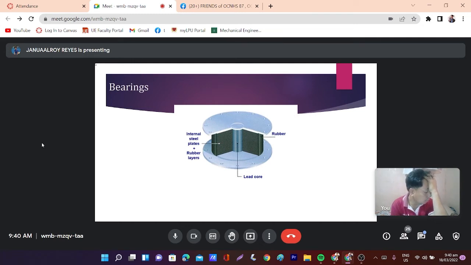It is applied to building or bridge construction. It is a practical and cost-effective choice for seismic isolation. It is composed of laminated rubber bearing pads on top and bottom, sealing and connecting plates, and a lead plug inserted in the middle of the bearing, as shown in the picture. Next.